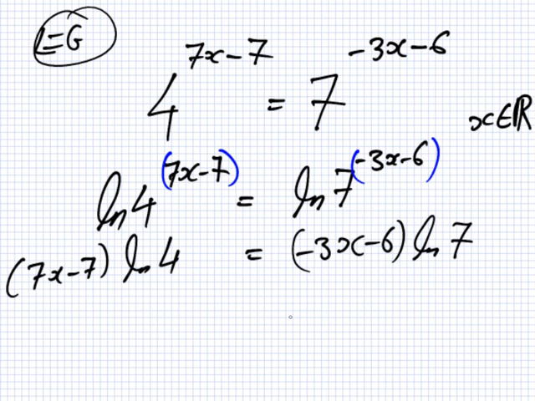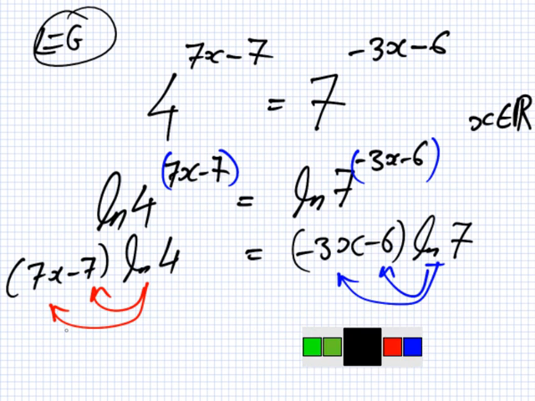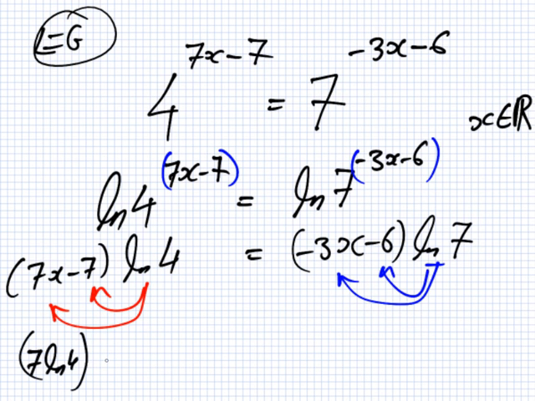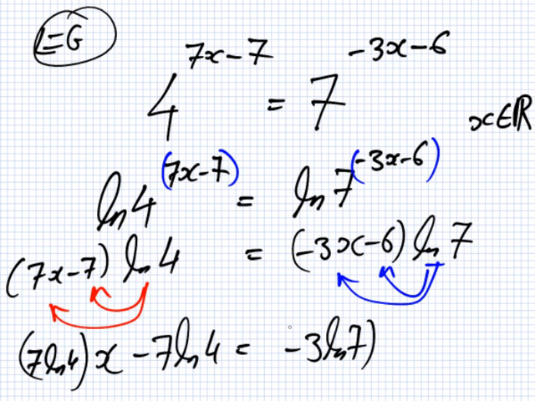Next step, we multiply out the log 4 on both, and here the log 7 on both. So here we get 7 log 4 x minus 7 log 4 equals minus 3 log 7 x minus 6 log 7.